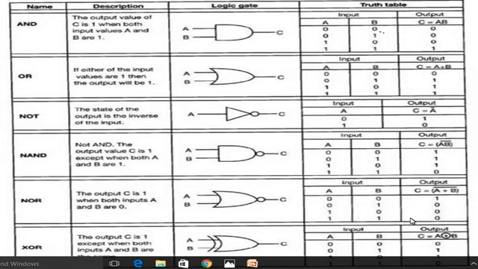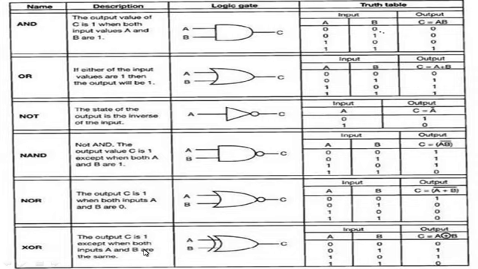And the next gate is XOR gate. The output C is 1 except when both inputs A and B are the same. I repeat again, the output C is 1 except when both inputs A and B are the same.